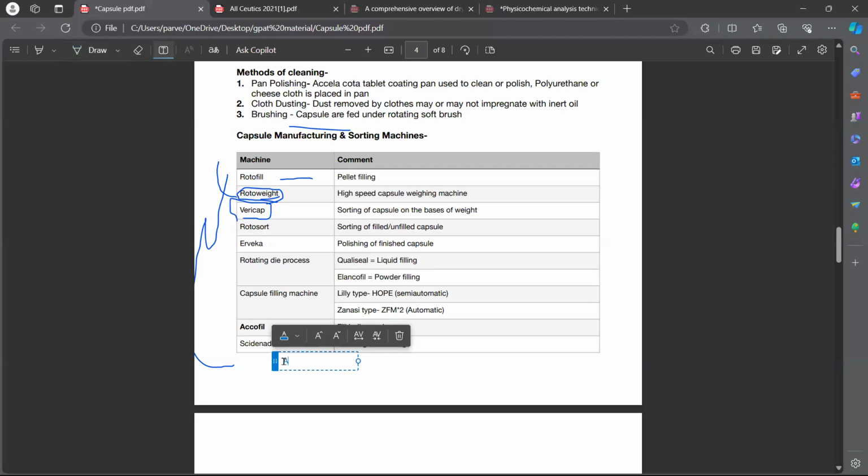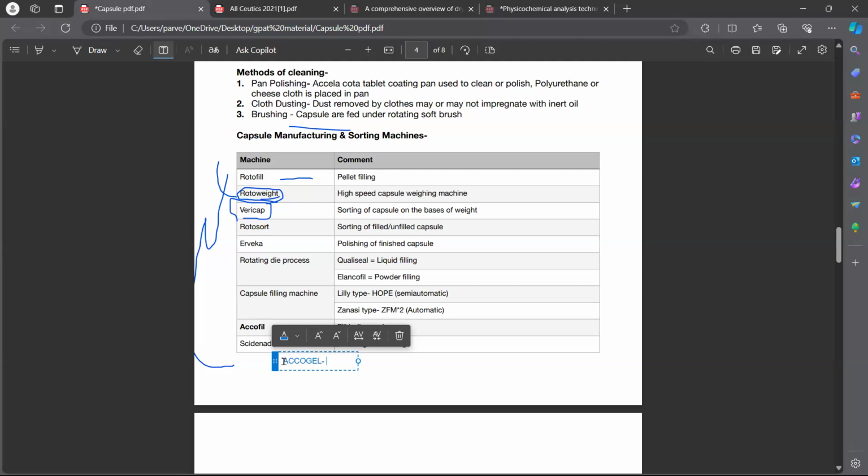Can anyone tell me what is the purpose of the Aquagel equipment? Soft what? So yeah, it is used to fill powder in the soft gelatin capsule, guys.